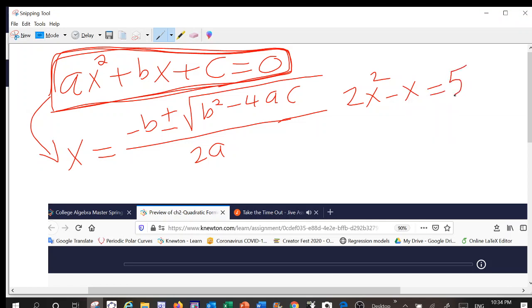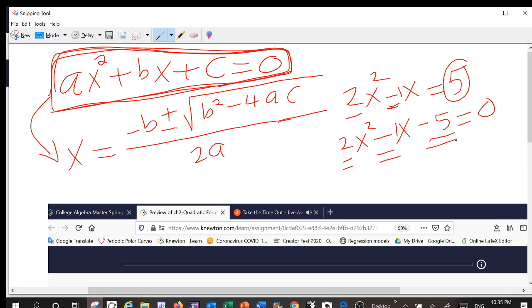Now here, in this problem, 2 is a, negative 1 is b, but the c is not 5. In order for this to be c, you have to move it to the left. So if you write it as 2x squared minus x minus 5 equals 0, now we have a is 2, b is negative 1, and c is negative 5. Okay, that's the only thing, really.